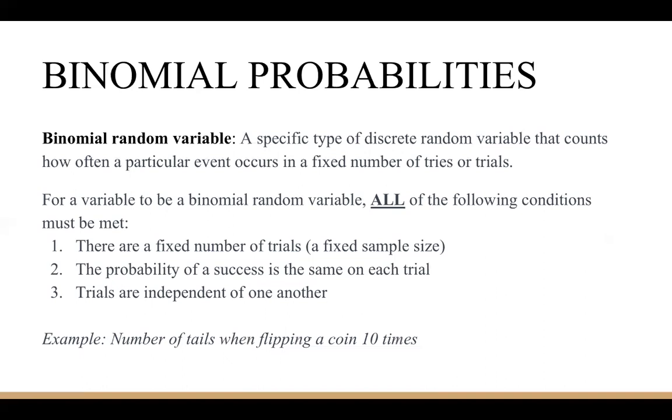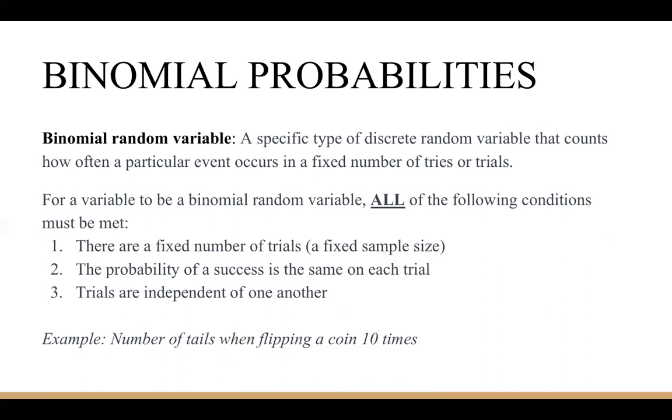So there must be a fixed number of trials or a fixed sample size. The probability of success must be the same on each trial, and the trials are independent of one another. An example I like to use is the number of tails you get when flipping a coin 10 times. If we go through the checklist: yes, there are a fixed number of trials, the sample size is 10.